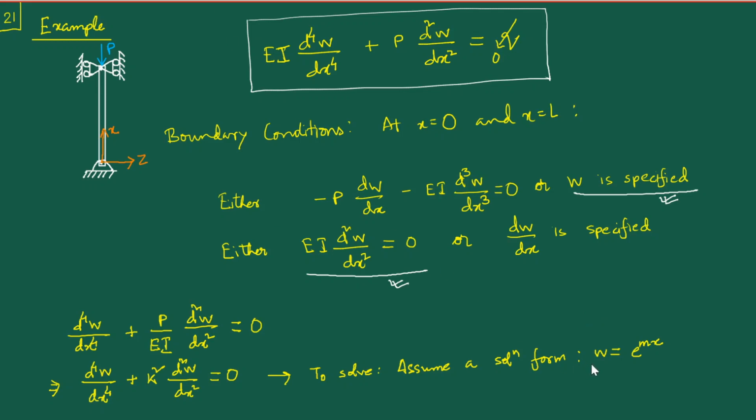If I substitute this w is equal to e to the power mx form here, what am I going to get? This thing: m to the power 4 plus k square m square is equal to 0. You note what has happened is that I'm getting this e to the power mx here and e to the power mx here, that I have just cancelled out.